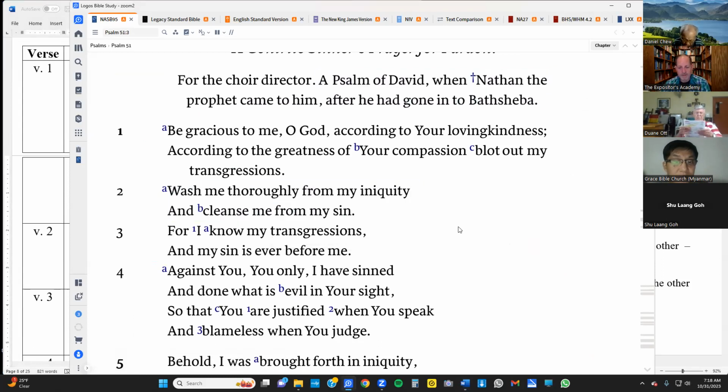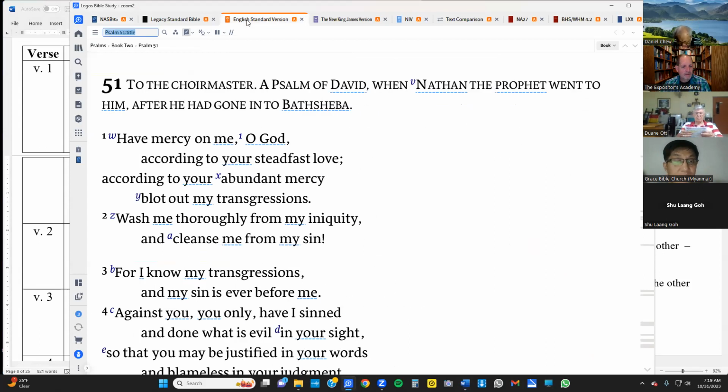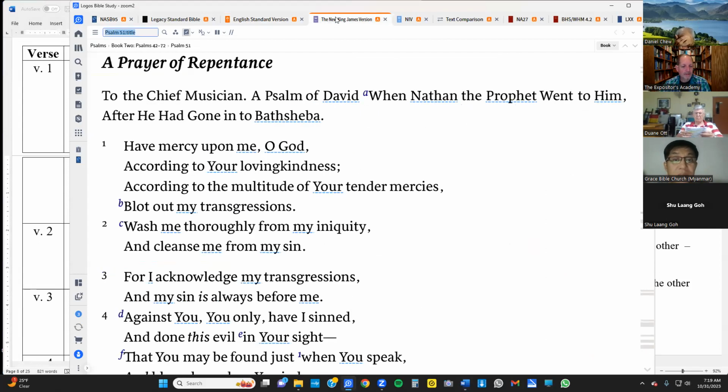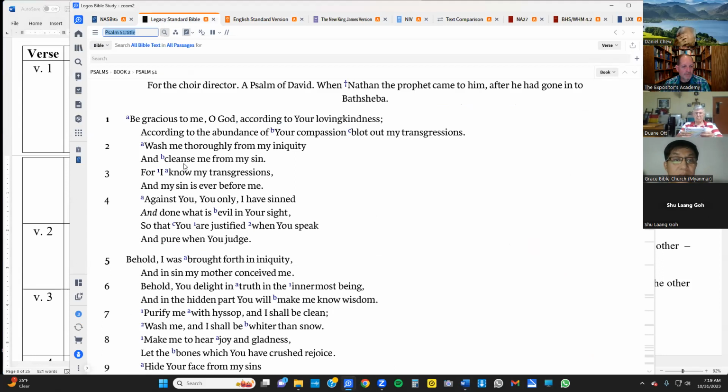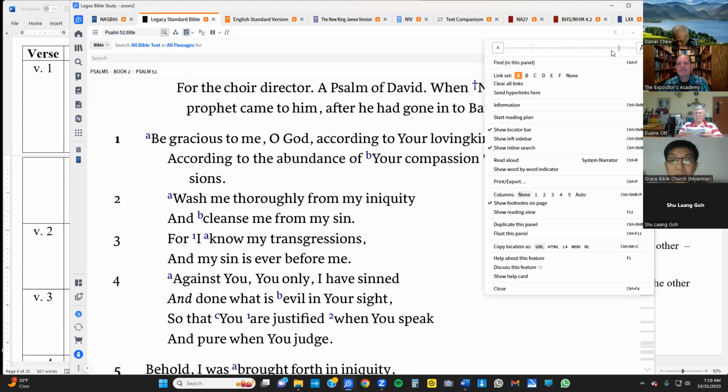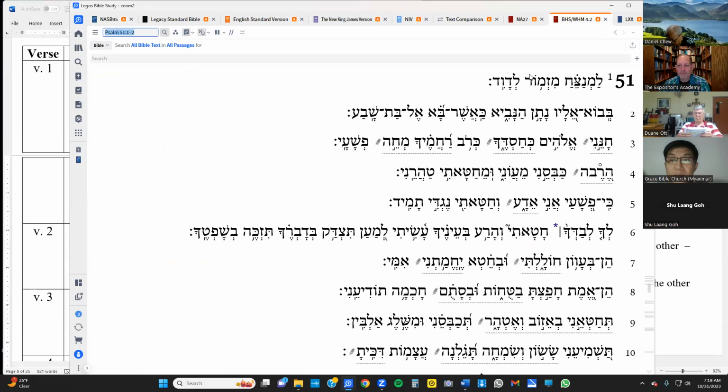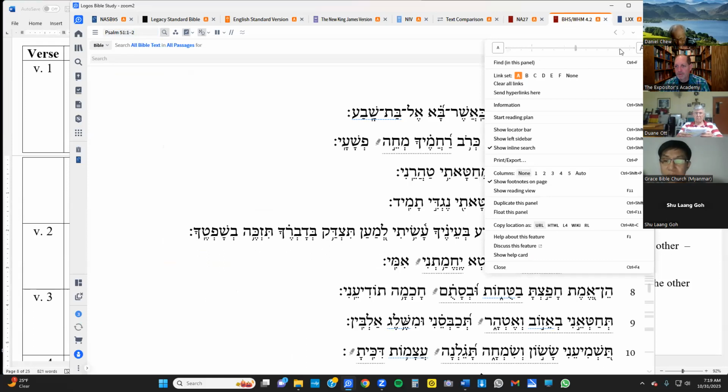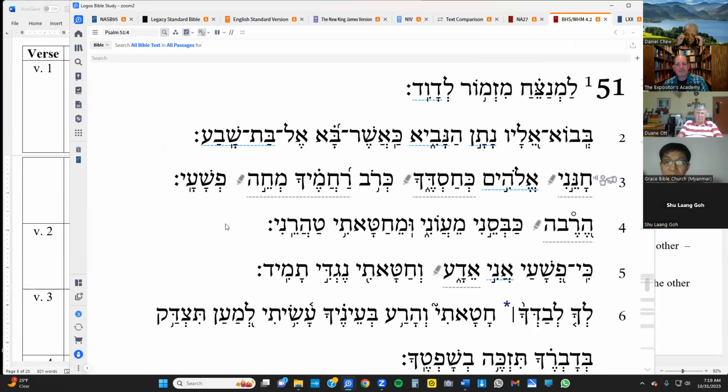That's just what Dwayne correctly identified, that synonymous parallelism there. I think all the English translations just followed that. But let me show you in the Hebrew. I know we don't read Hebrew, but I'll just show you from it.